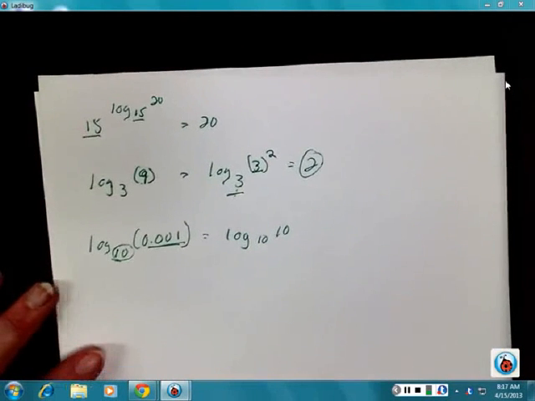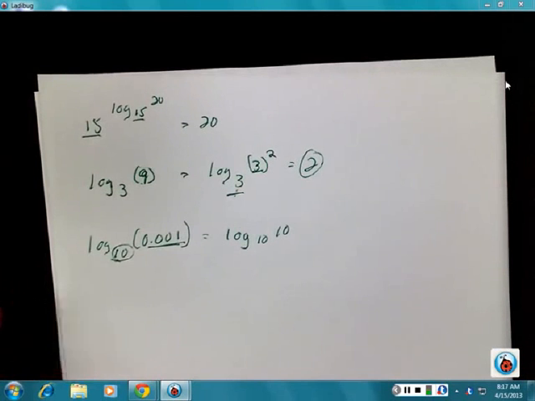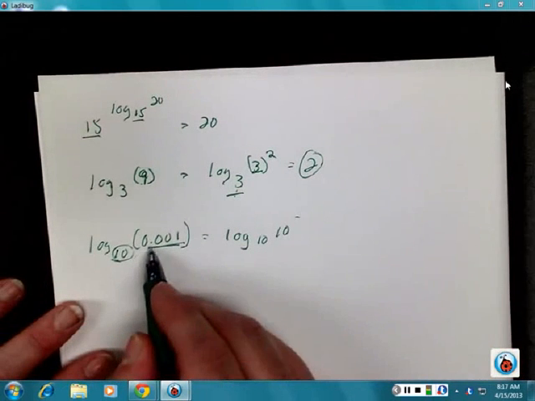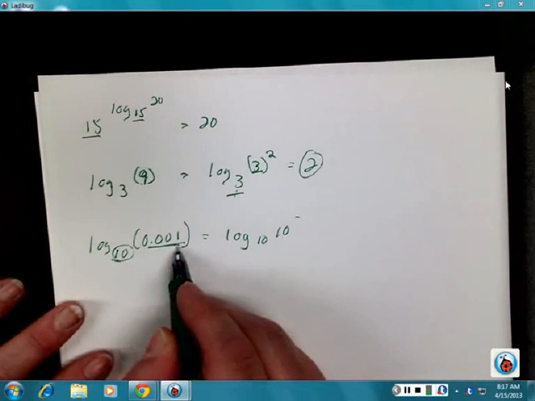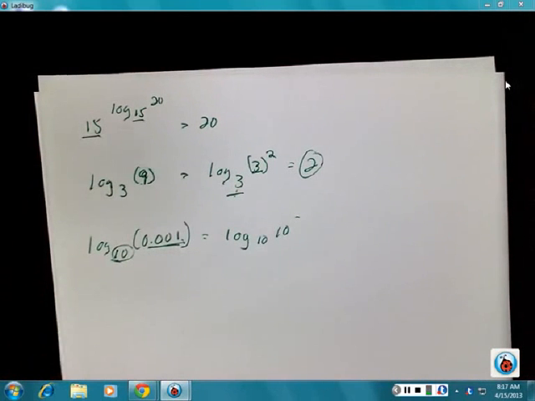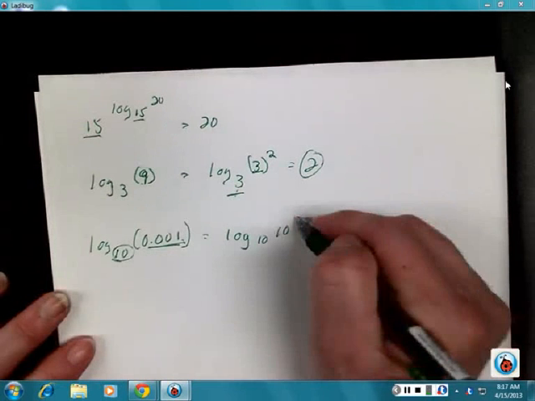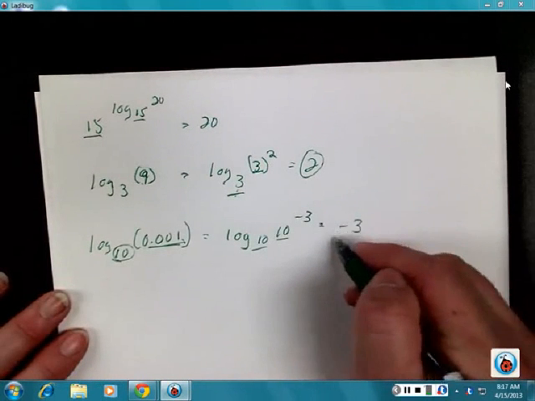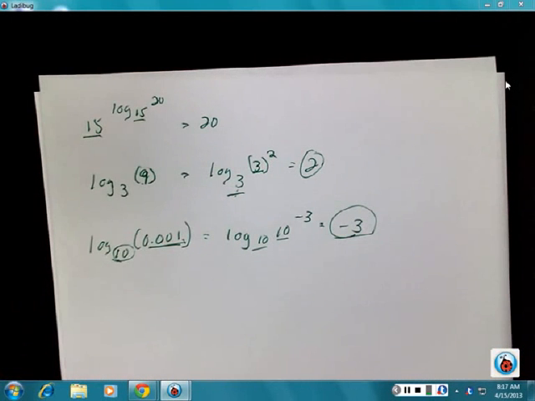Because it's a decimal, I know that it's going to be a negative number. And if I look at my spaces that it's moved over, as 1, 2, 3, kind of using what I would with scientific notation, I know I'd have a negative 3 there. And when these two bases match each other, my answer comes out to be a negative 3 is what that log happens to be equal to, because again, it's got a negative 3 that's connected with it. So there's some breaking down of these things.